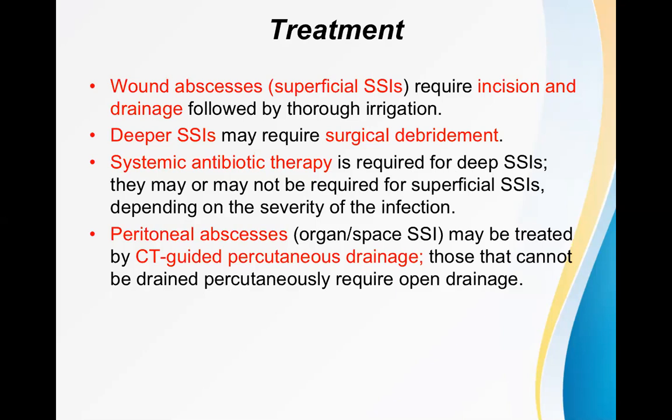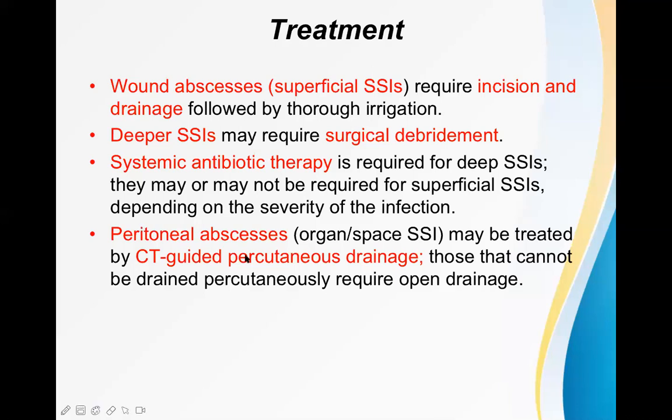If it is just red a little bit, there's no collection of pus there, we can go for some local ointment or local antibiotic, or they may not be necessary also. But if there is a collection of pus, you have done incision and drainage, and you have done the thorough irrigation, please don't forget to provide a systemic antibiotic, either orally or intravenously. This is the meaning.